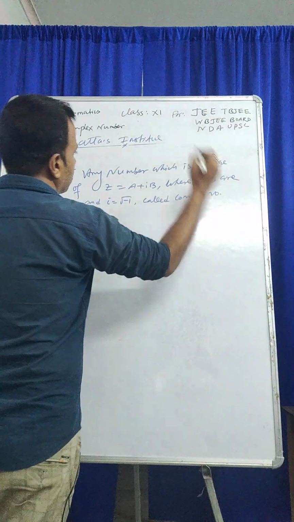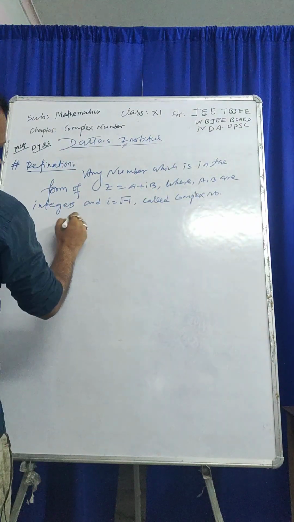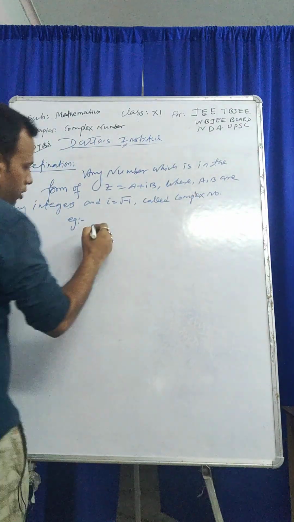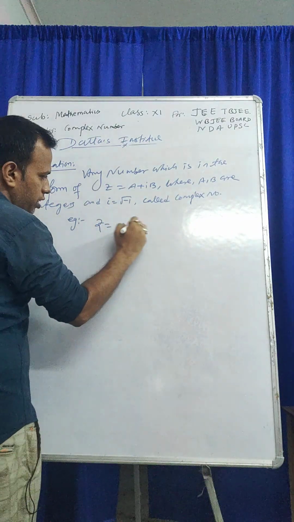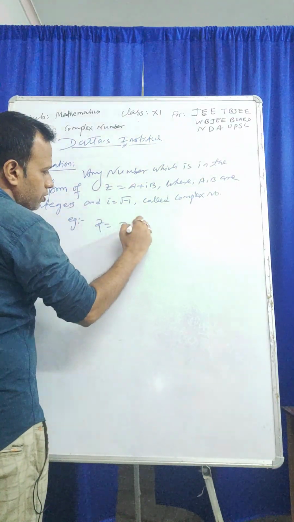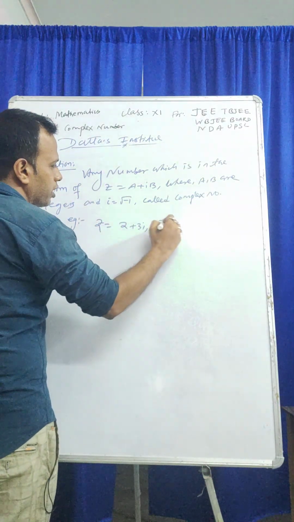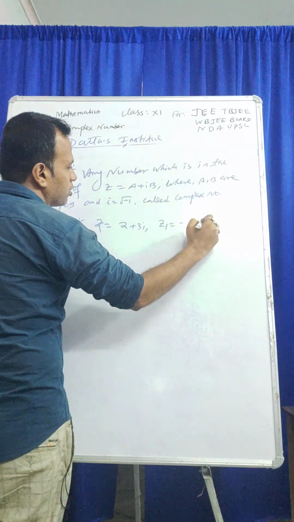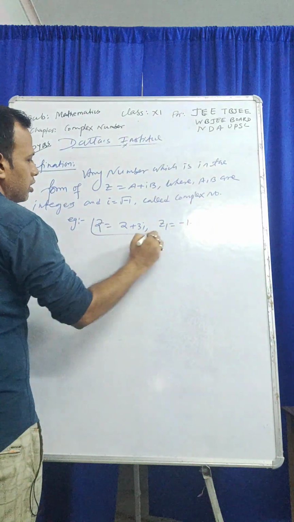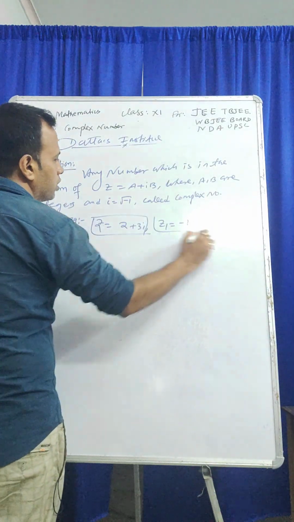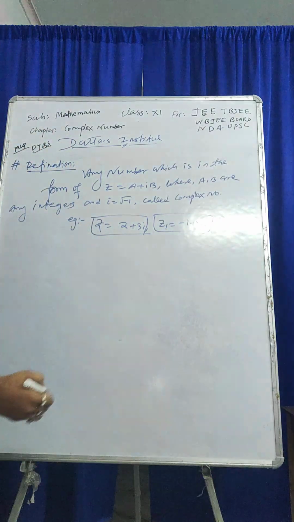For example, z is equal to 2 plus 3i, or z1 is equal to minus 1 plus root 3i. These are two examples of complex number.